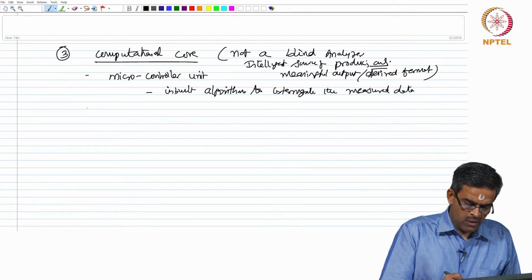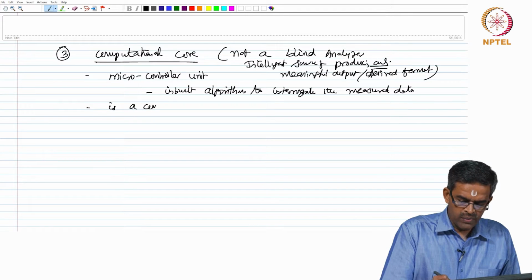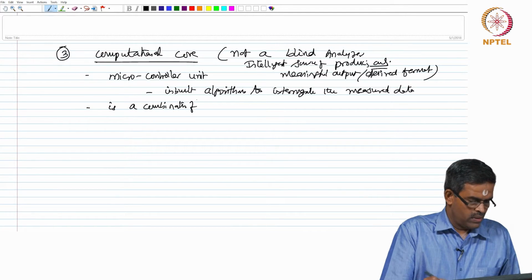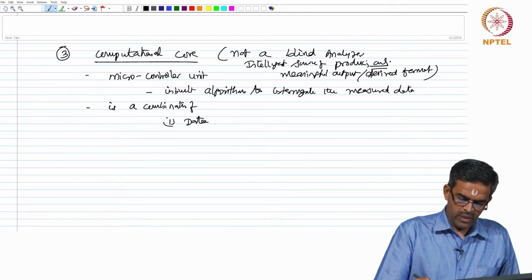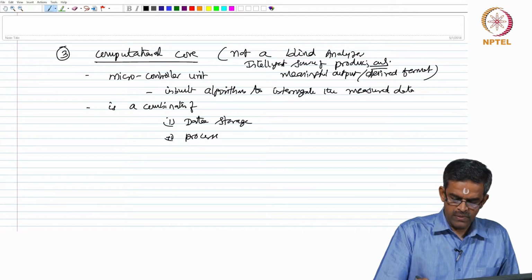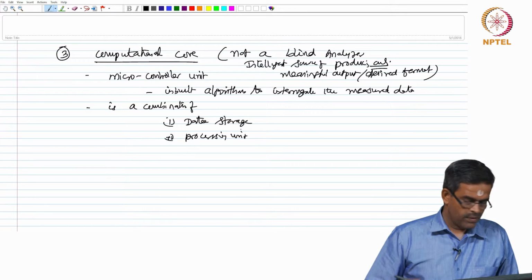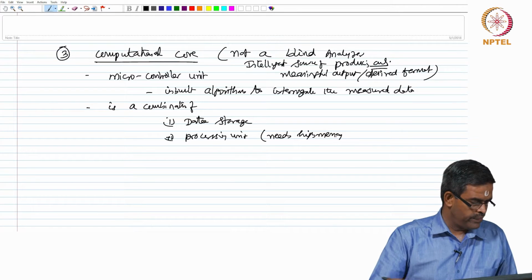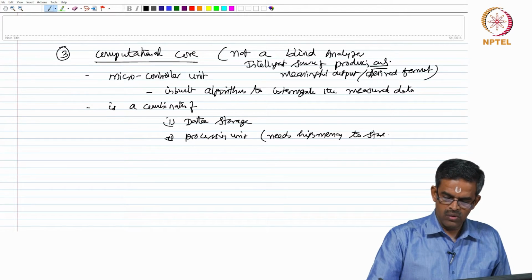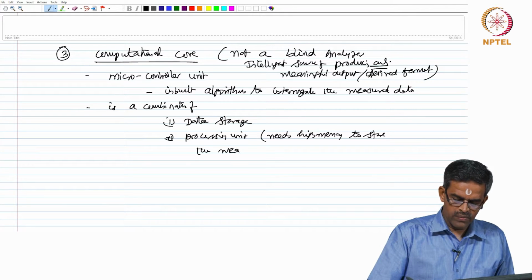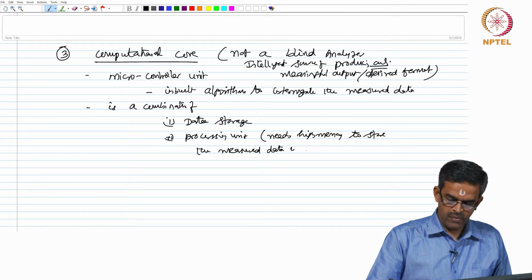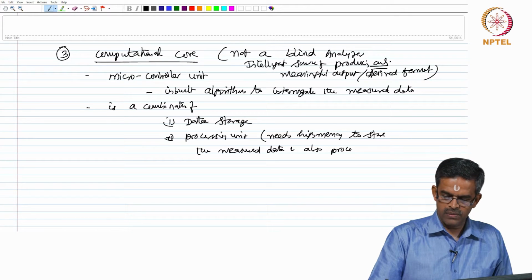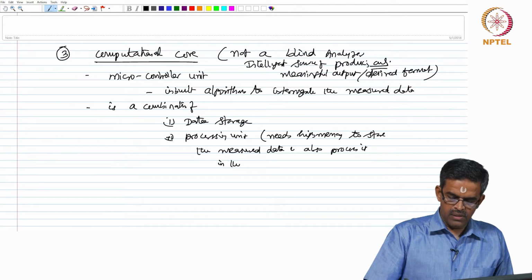Therefore, the computational core is a combination of data storage and a processing unit, which of course needs very high memory to store the measured data and also process it in the desired format.